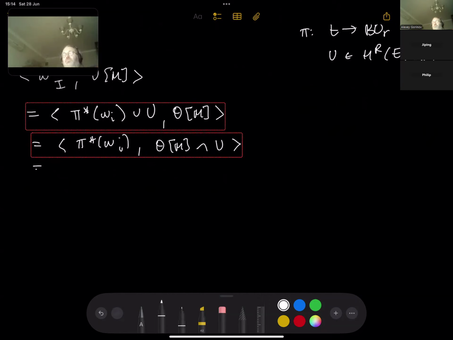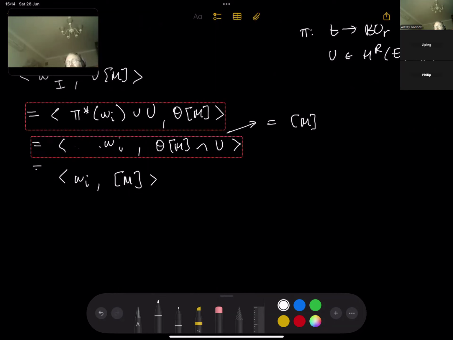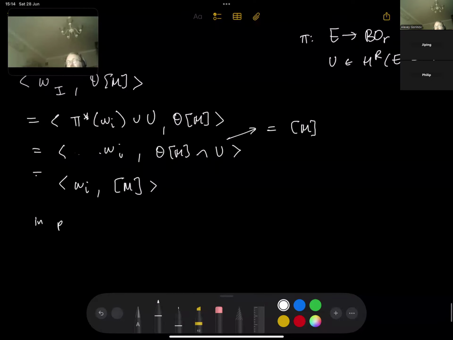So I'll just do it from here. And then this is just M. So in particular, if all the Stiefel-Whitney classes are 0, then M is 0.